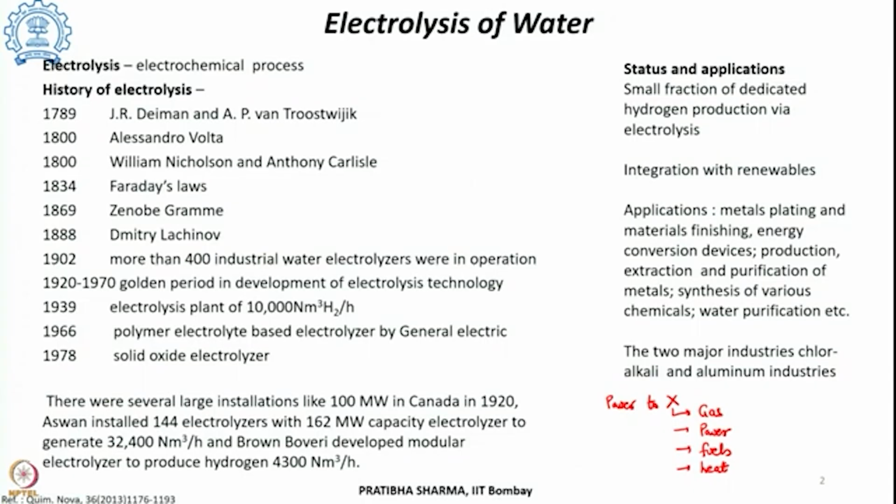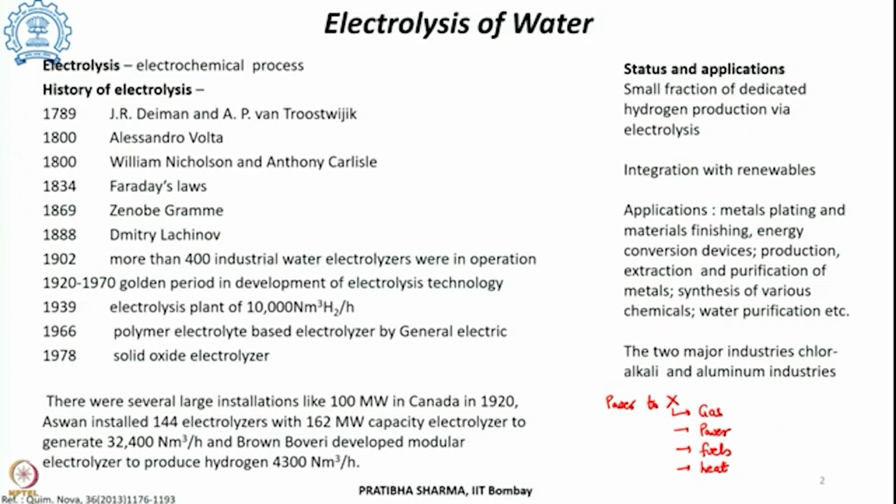The explanation of the process was first provided with Faraday's law in the year 1834, when it was explained that the amount of gases being produced is related to the amount of charge being fed in the process. In the year 1869, Zenobe Gramme came up with the Gramme machine, and this was for the first time economical hydrogen production by means of this route.